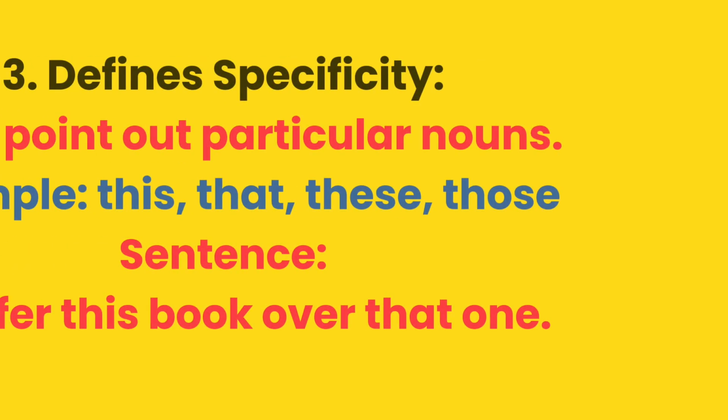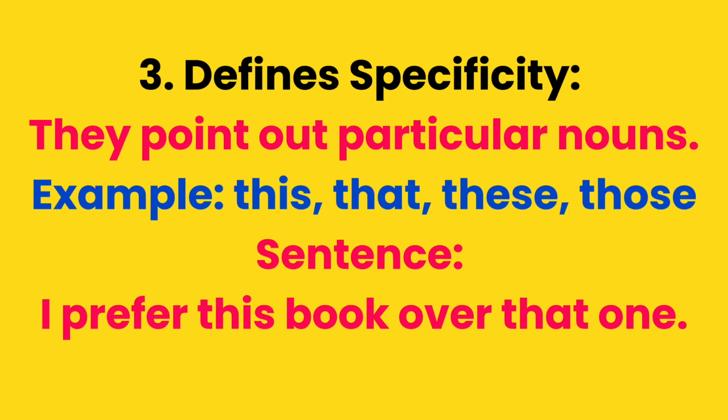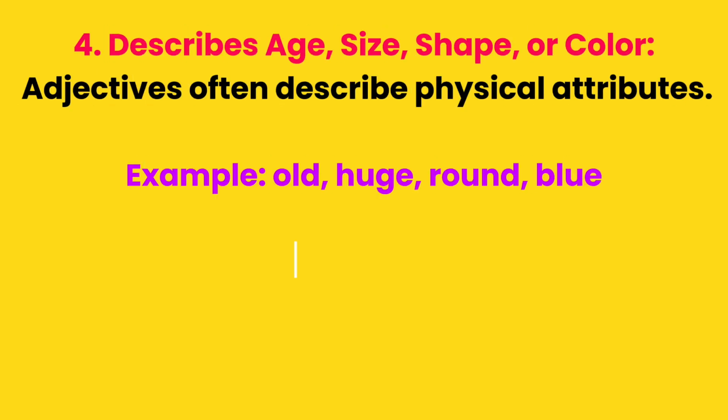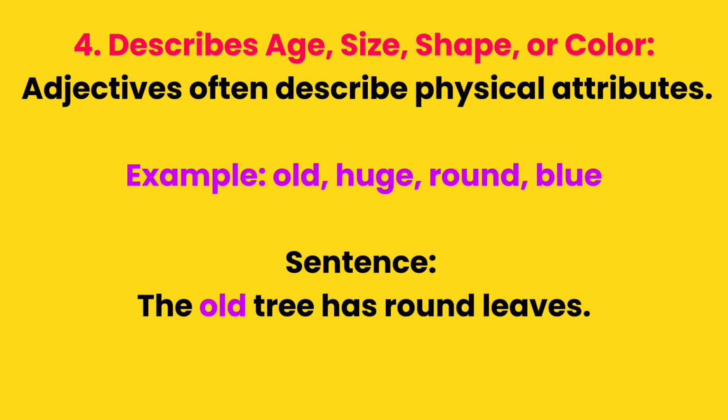3. Define specificity. They point out particular nouns. Example: this, that, these, those. Sentence: I prefer this book over that one. 4. Describes age, size, shape, or color. Adjectives often describe physical attributes.